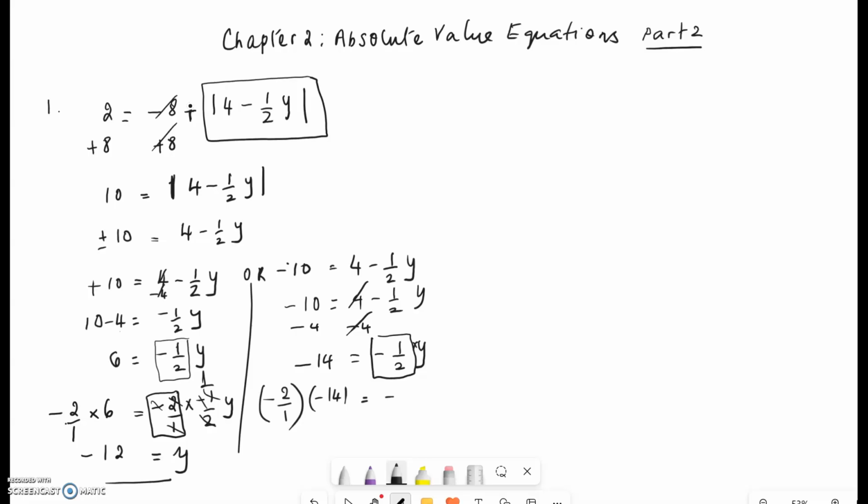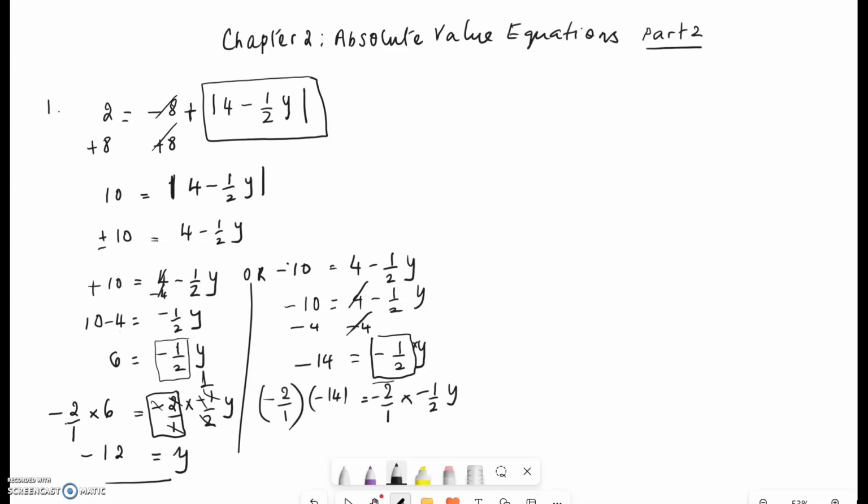Let me redo this. It's a negative half y, and we are multiplying with its reciprocal, negative 2 over 1.